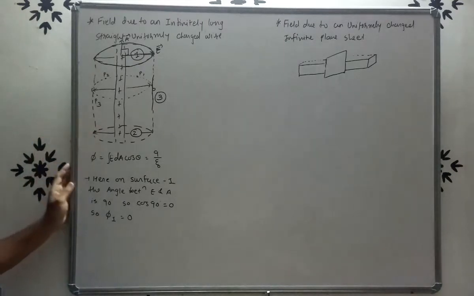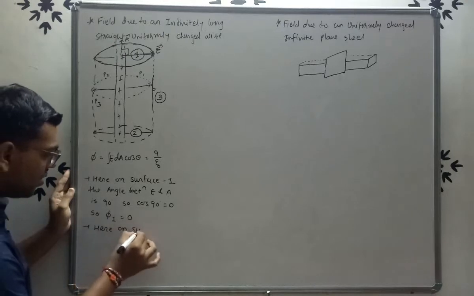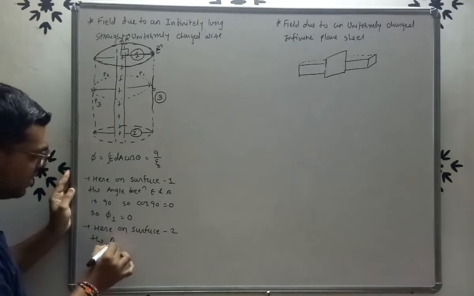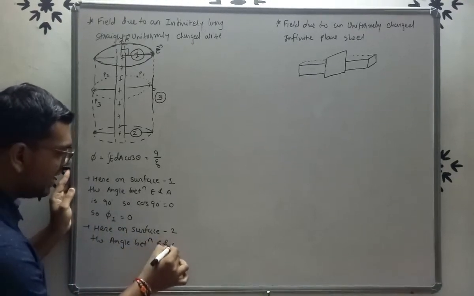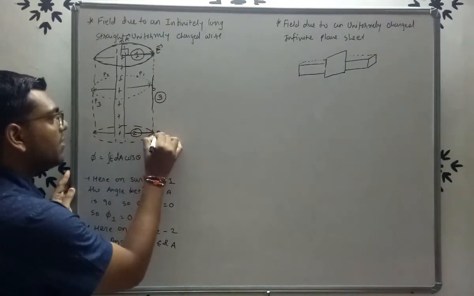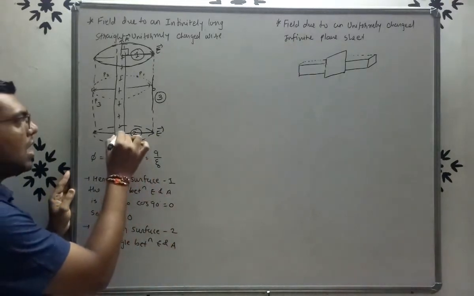Now on surface 2, the angle between E and A: see here friends, this is the direction of electric field, and the area vector is also in the outward direction.